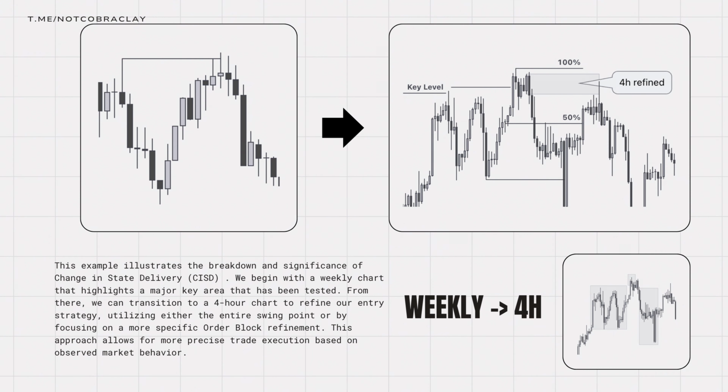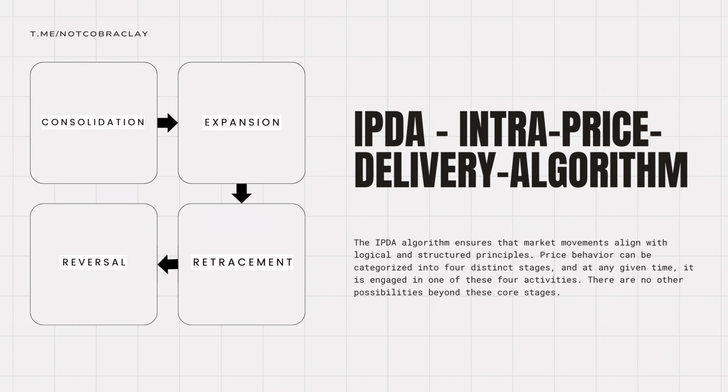Everything has a correlation, and the picture on the bottom right has a correlation with the power of 3, the OHLC, market structure, AMD, and quarterly theory, which you will soon learn in the new episodes. For that, we now hop into IPDA, the intra-price delivery algorithm.